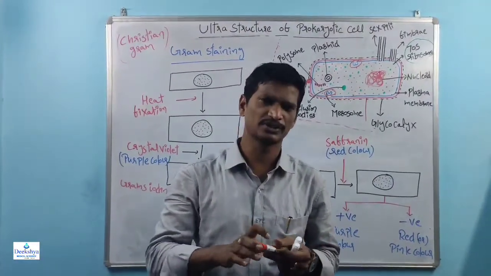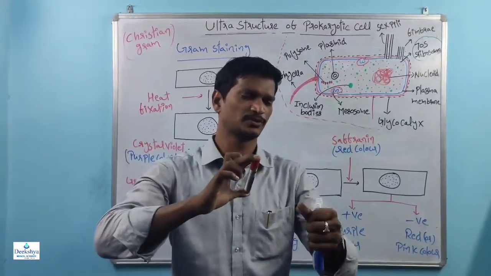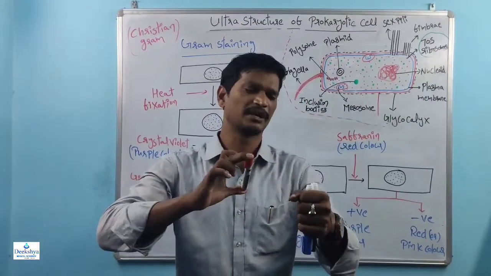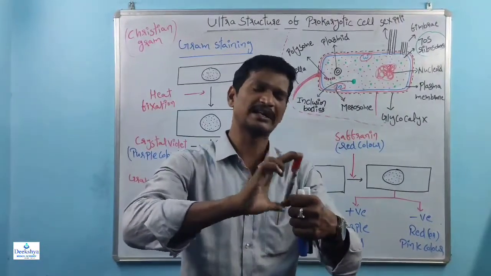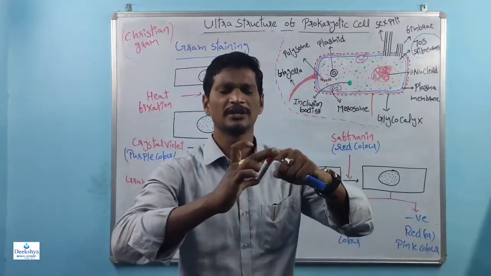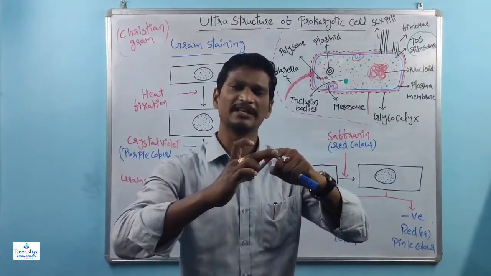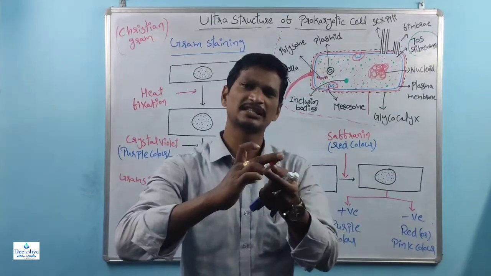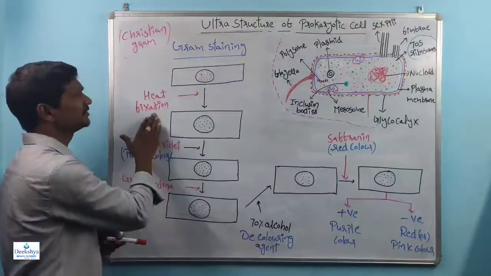After that spreading process, the slide is exposed to heat. Suppose this is a burning candle. That glass slide is exposed to the burning candle. Then, by the heat fixation, the bacterial cells present on the surface of the glass slide are attached to the glass slide. That process is called heat fixation.